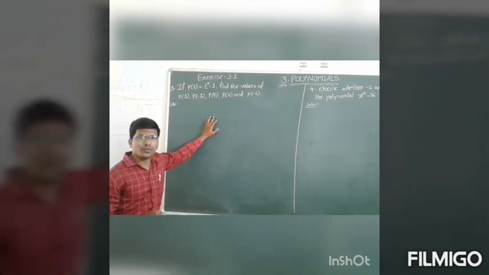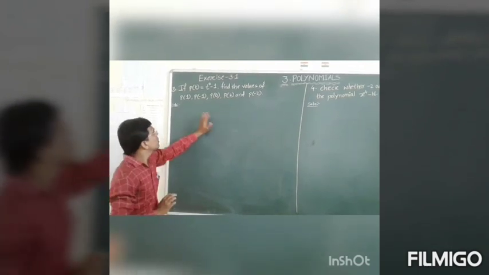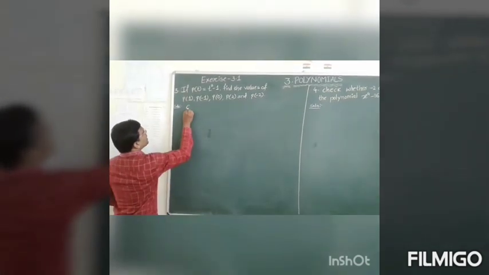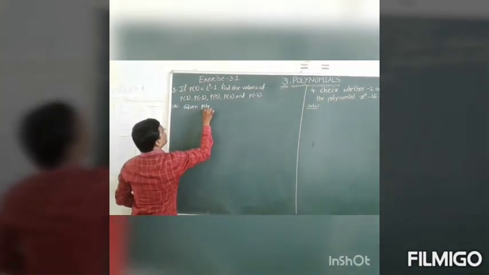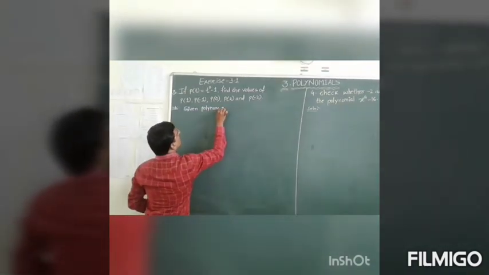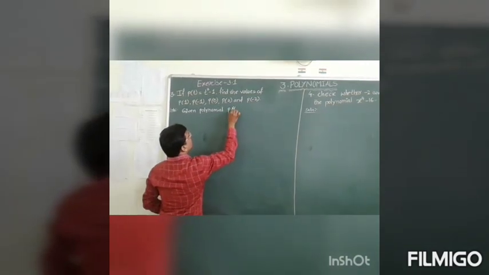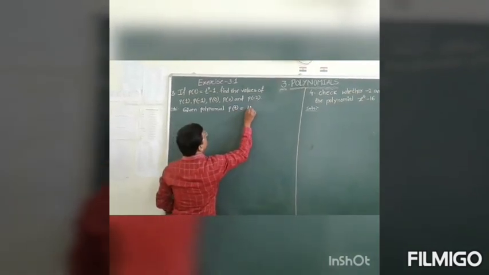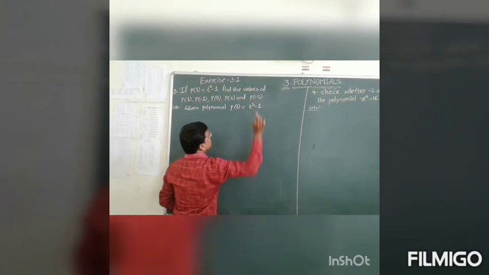So what you have to do is just substitute the given values. First write the given polynomial, which is in the variable t: t cube minus 1.